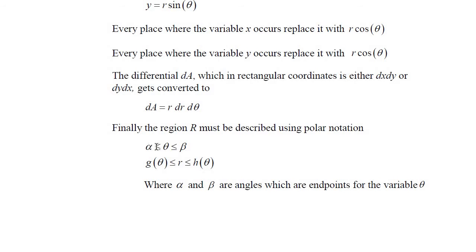So it's going to be alpha less than or equal to theta less than or equal to beta. So alpha and beta are going to be the two endpoints for our angle theta. And then for r, sometimes the endpoints are constants, but sometimes r might be some functions that have theta in them.